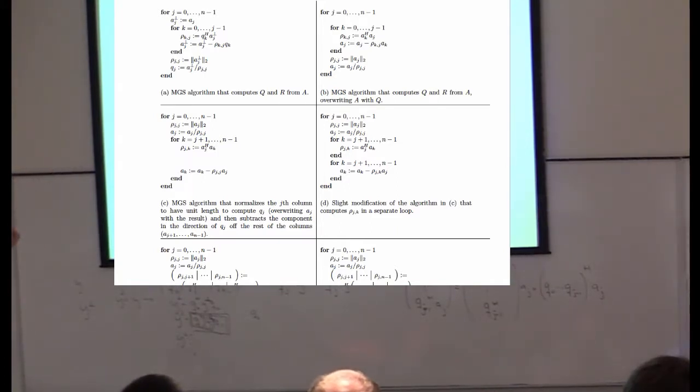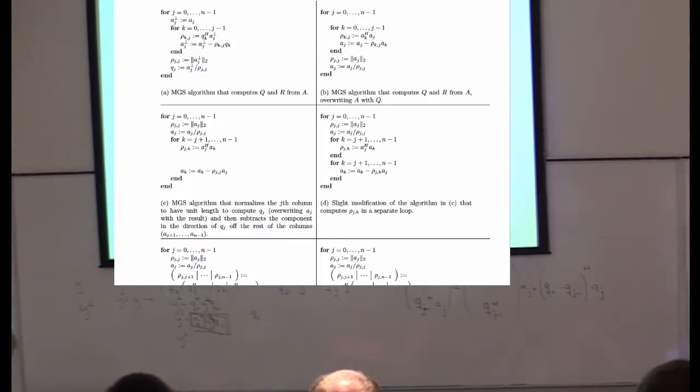Then going from there to here, what do we do? Here, we're saying, what if at the top of the loop, we've already subtracted out all of the components from the previous columns, somehow magically. Then all I need to do is take the current column AJ and normalize it to be of length 1.